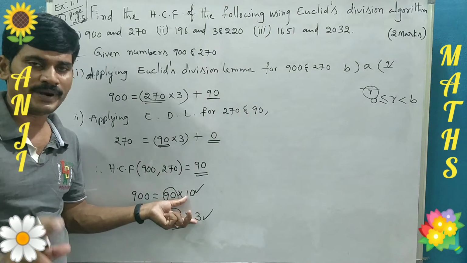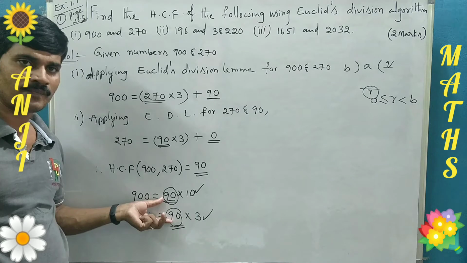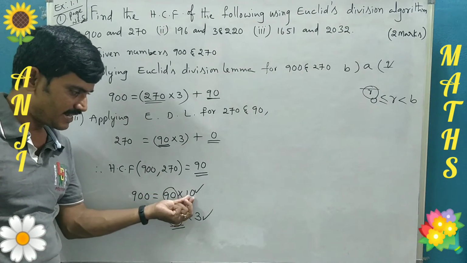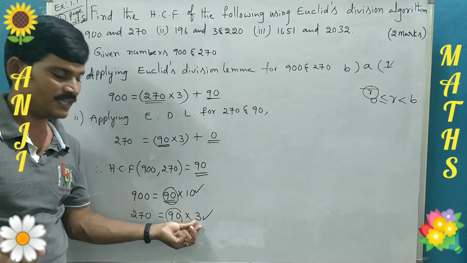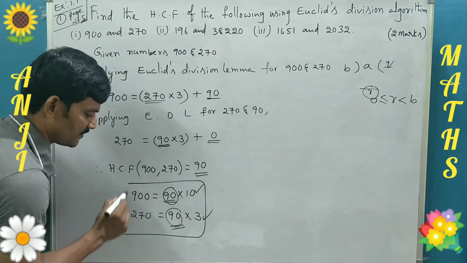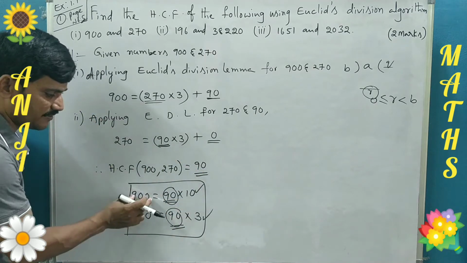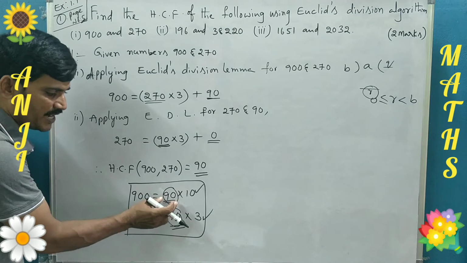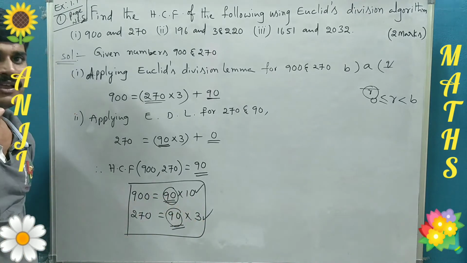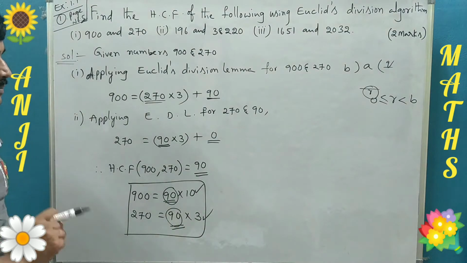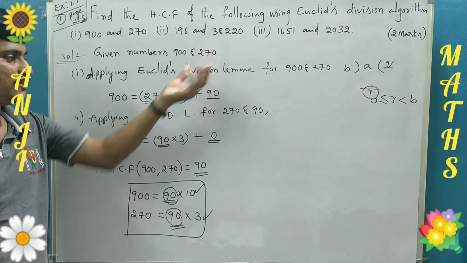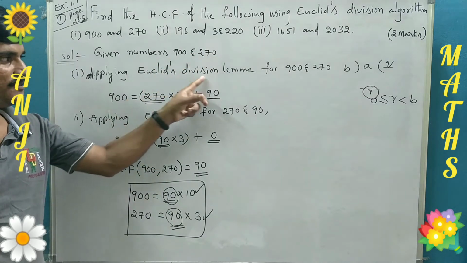These two should be co-primes, then only it becomes the HCF of the given two numbers. If the second numbers have any common factor, it cannot be the HCF. Remember, after finding the HCF, if you write the given numbers as multiples of the HCF, the second numbers must be co-primes. So this is how we find the HCF of 900 and 270 by Euclid's division lemma.